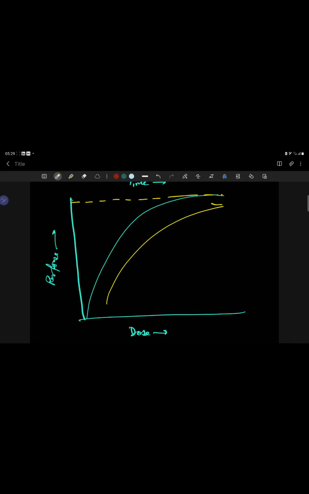So this is a typical hyperbola. If this is like this, this will make this hyperbola, right? We are excluding the negative part, we are just seeing the positive one. It rises sharply until it reaches the maximum, and then it will go like this. So this is the normal dose response curve.